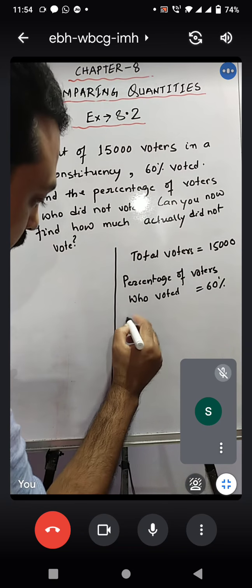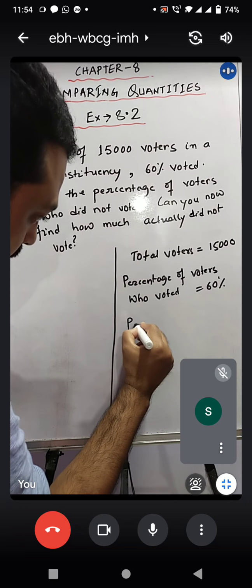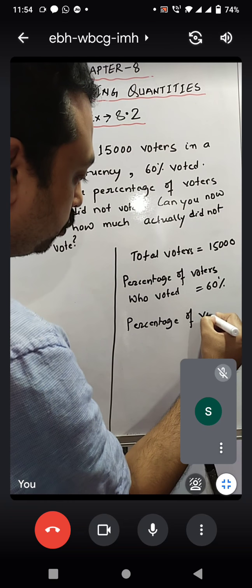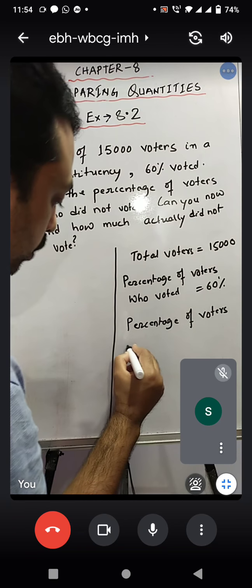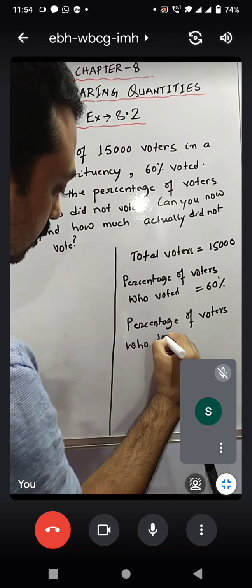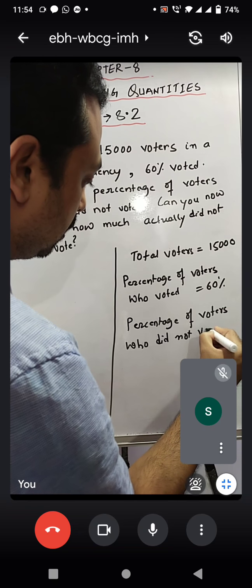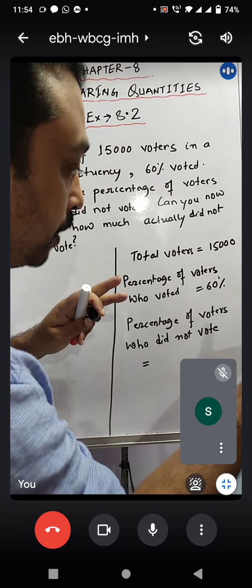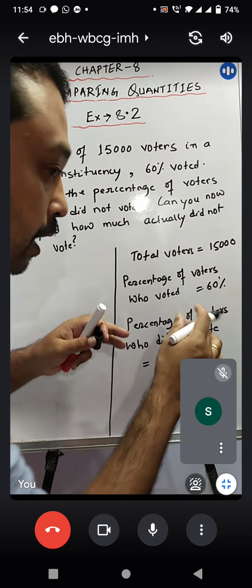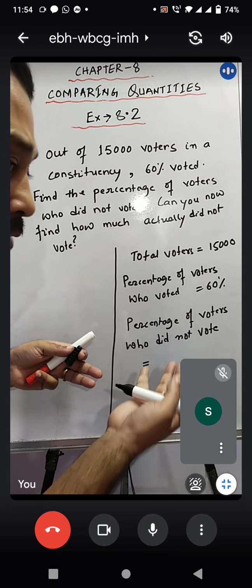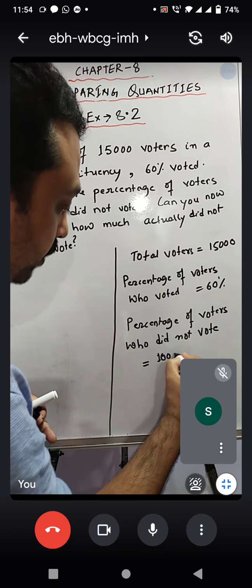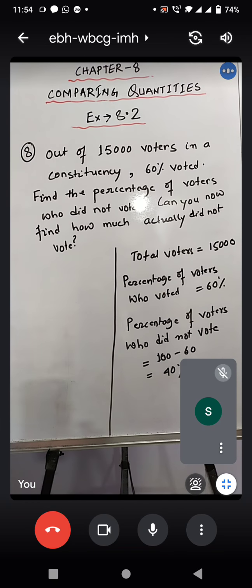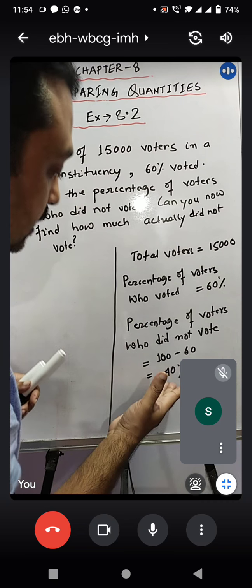Now we'll find out this percentage of voters who did not vote. So that would be equal to what? From 100% we know that 60% has voted. So obviously the remaining part has not voted. So how to find it out? 100 minus 60, that would be 40%. Okay. So this is the answer of the first part of the question.